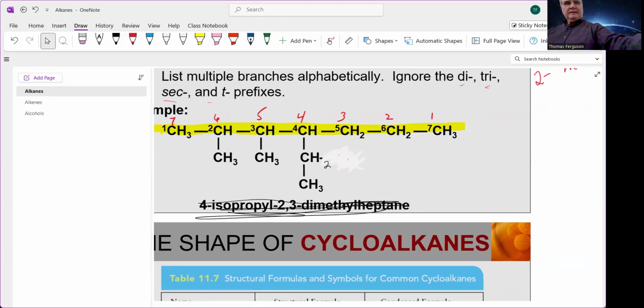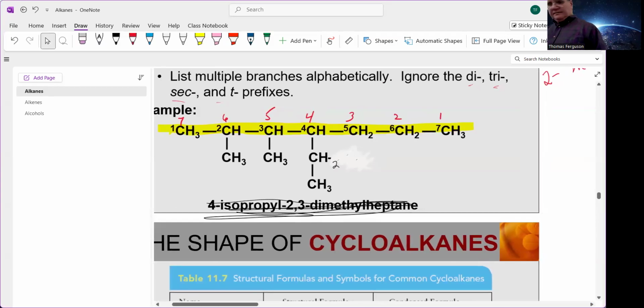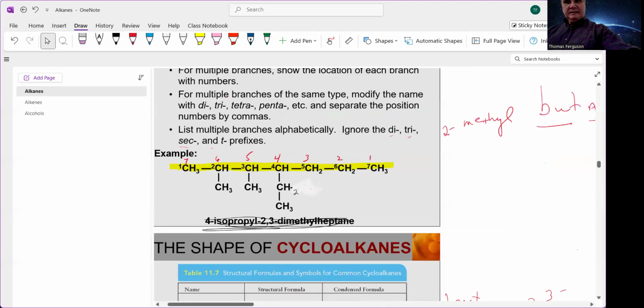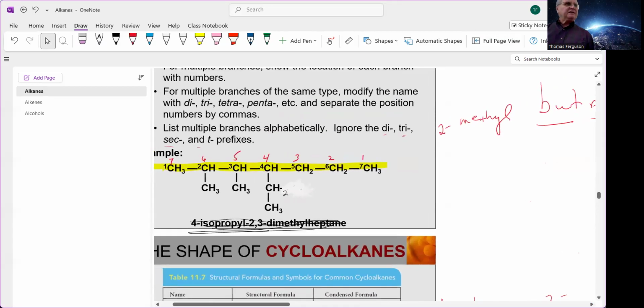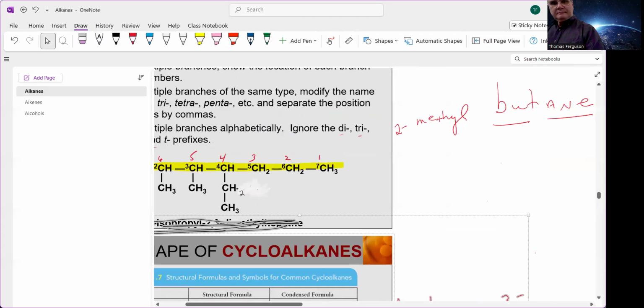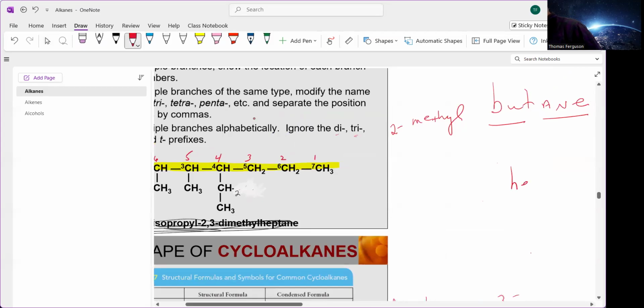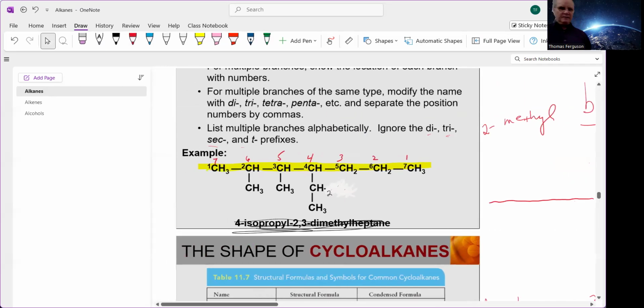Okay, so we start by, a 7-carbon backbone is hepta. And it's a hydrocarbon, so it's an ane. Now, branching. We've got some ones and we have some twos.